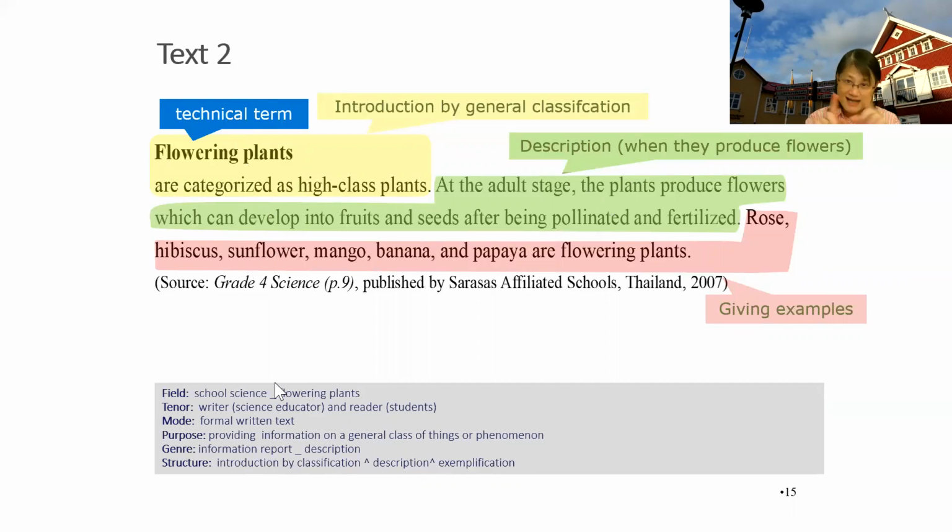So it's actually very useful to teach students. They can change flowering plants to non-flowering plants, for example, right? They can change the topic, but they can follow this different sequence of stages, and they can write an information report on a topic. For example, what is Taiwan famous for?